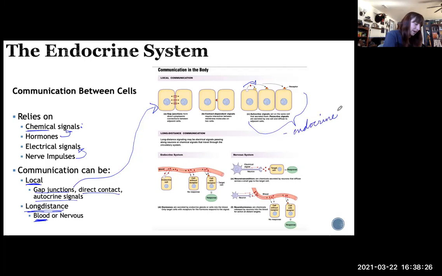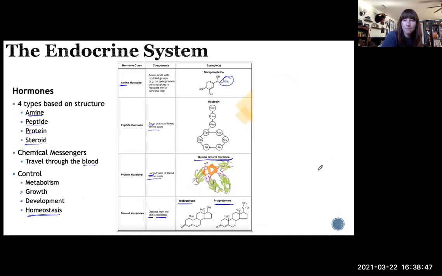There it is, shining. Okay. So your endocrine system relies on chemicals being produced and being passed from a gland to a receptor on a cell in the target organ. So this is long distance signaling that we're talking about, okay?